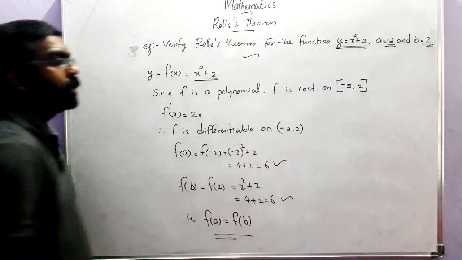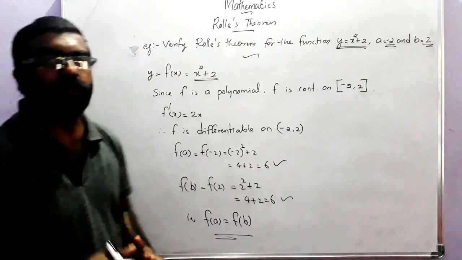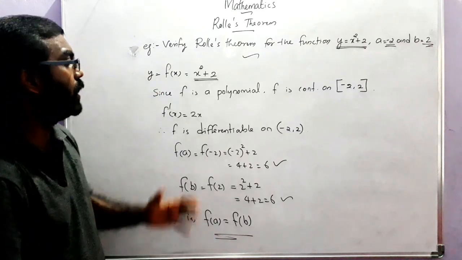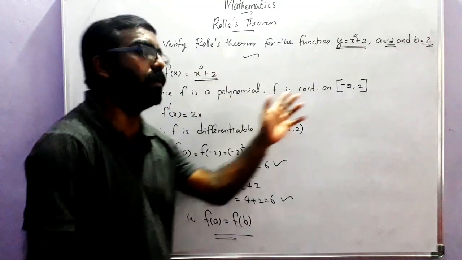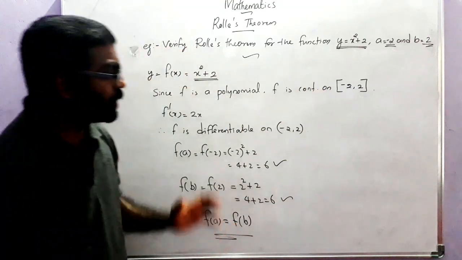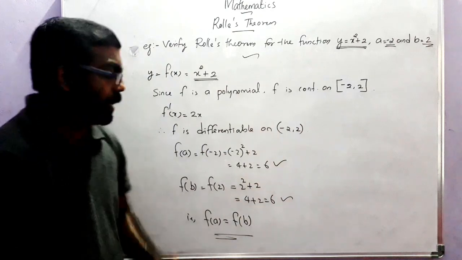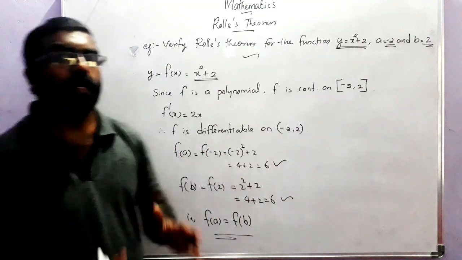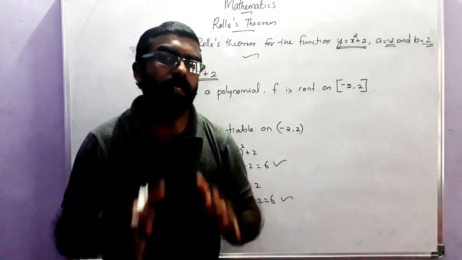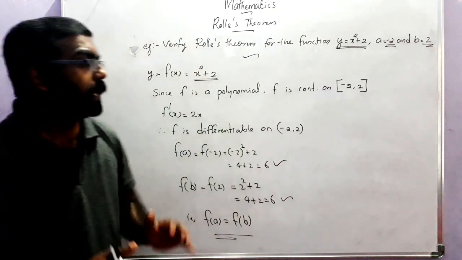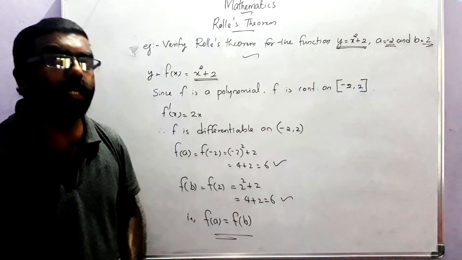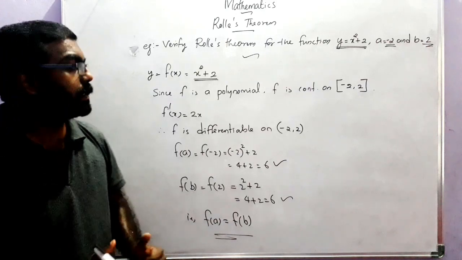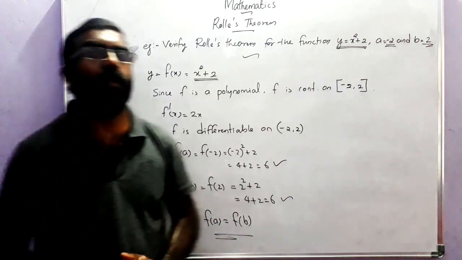So here the three conditions of Rolle's theorem are satisfied, that is the function is continuous on closed interval [a, b], differentiable on open interval (a, b), and the third one is f of a is equal to f of b. Now according to Rolle's theorem, if the three conditions are fulfilled, then there exists some c in open interval (a, b) such that f dash of c is equal to 0.